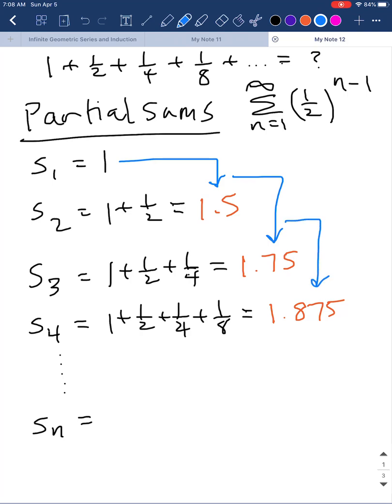So my value is getting bigger, but it's getting bigger at a slower rate, because from S sub 1 to S sub 2, it increased by a half. S sub 3, of course, it increased by a fourth. So we can see that the value we're adding, which is clear in our series, is a smaller and smaller value. So we're adding a smaller and smaller number each time. So our sum then seems reasonable that it might exist if I'm adding smaller and smaller values.